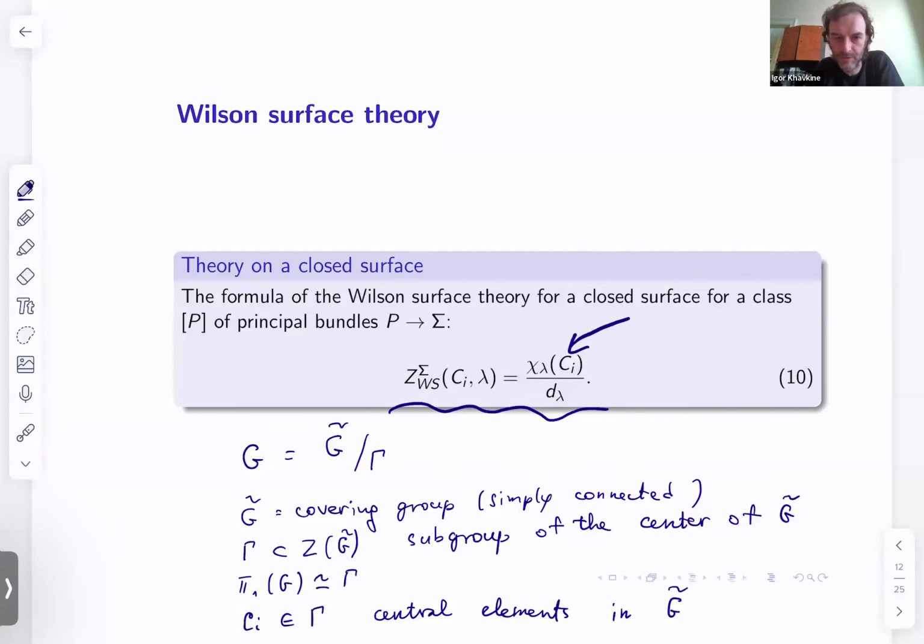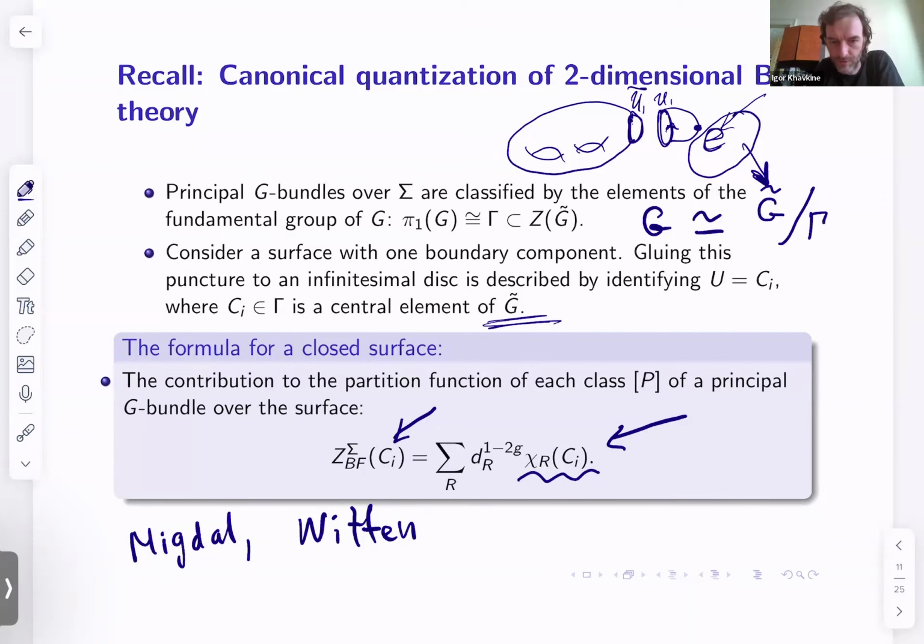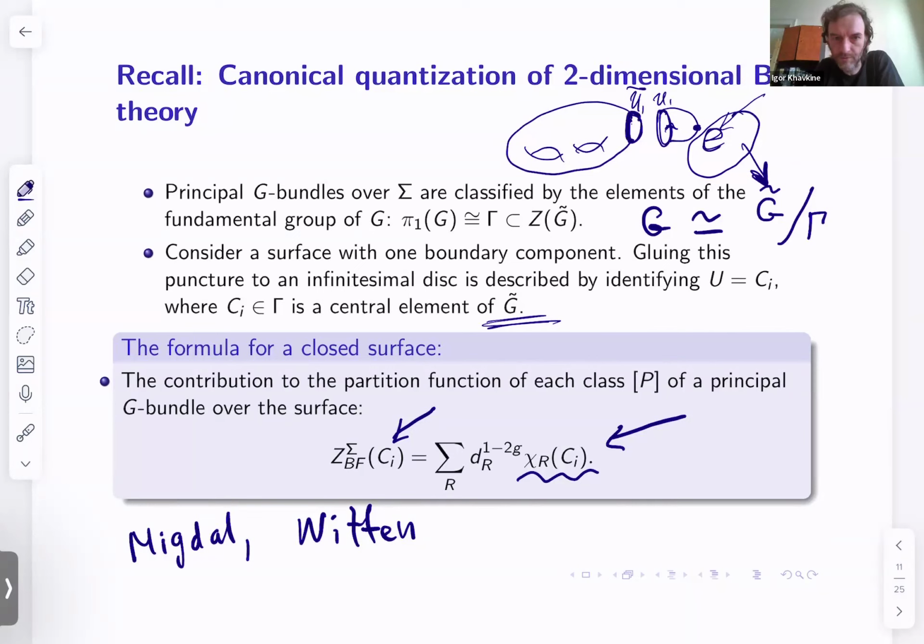Here, to me at least, it's not quite clear how the result of evaluating this path integral depends on the original connection A. These are the holonomy elements. Each of these chi C's is itself a holonomy, a Wilson line in itself.